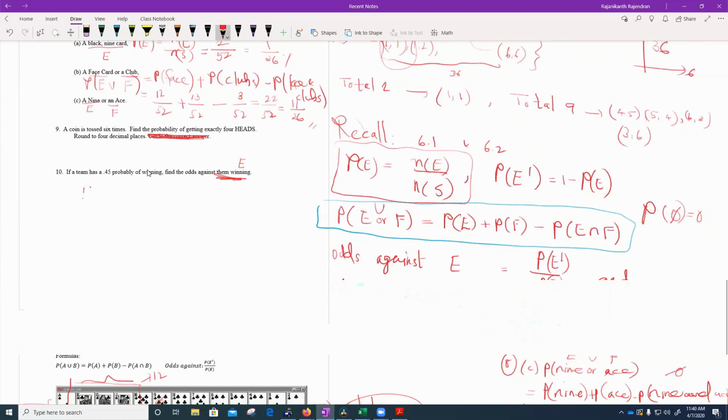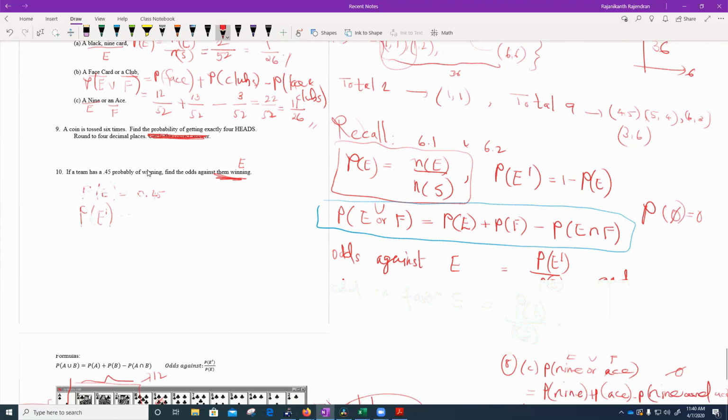But we know the probability of winning is given here, 0.45. If winning is 0.45, then what is my probability of E prime? E prime is the negation of winning, which is losing the game or maybe a draw, right?